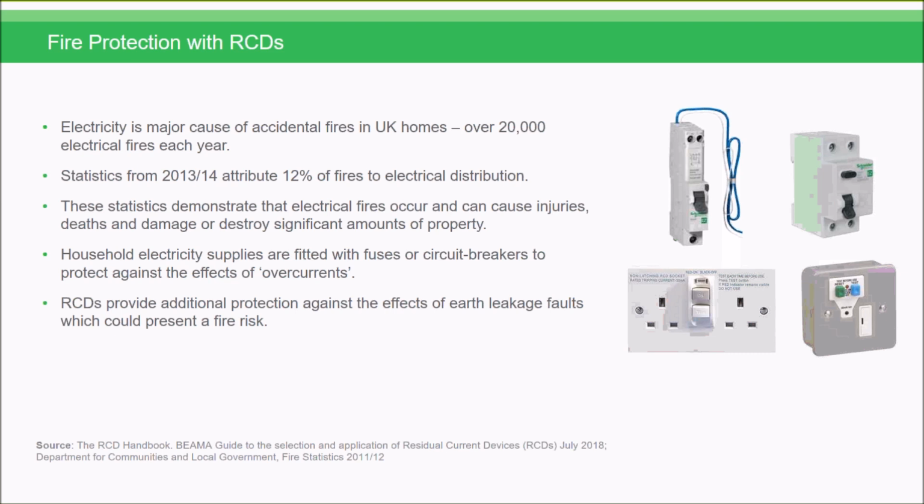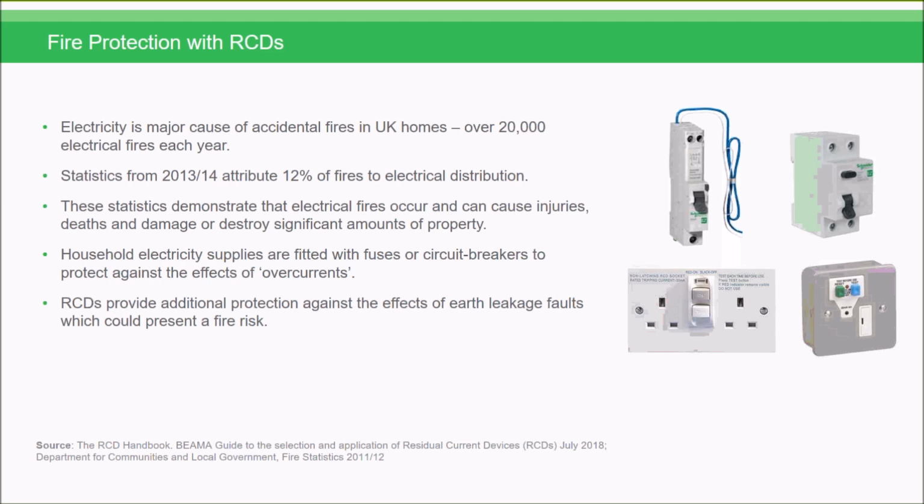So a topic there with fire protection and RCDs. Electricity is a major cause of accidental fires in UK homes. And I think this has been noted by a number of reports. The London Fire Brigade have been tracking this topic as well for some time. And we have noted that over 20,000 electrical fires occur each year.